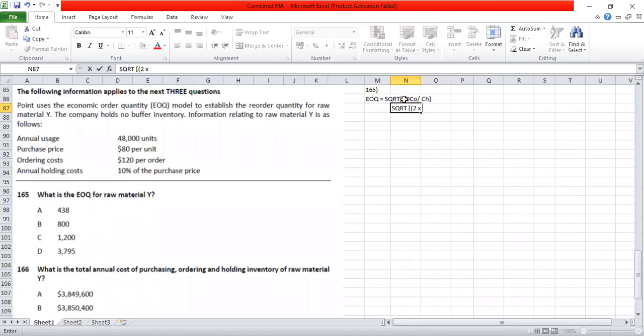The annual demand, annual usage is 48,000 into cost of ordering is 120 per order. In the denominator we have the annual holding cost. What is annual holding cost? It's given as a percentage on the purchase price. So purchase price is 80, and on this value of 80, it is 10%.